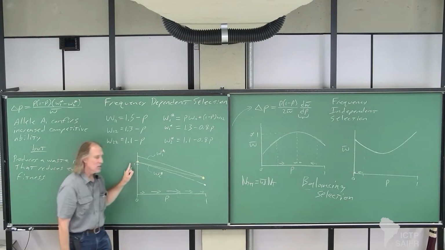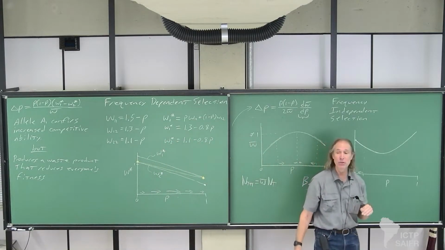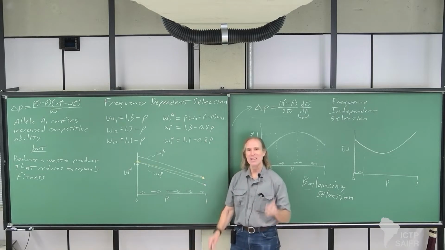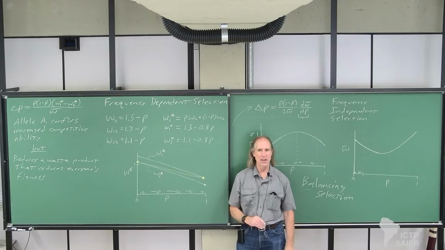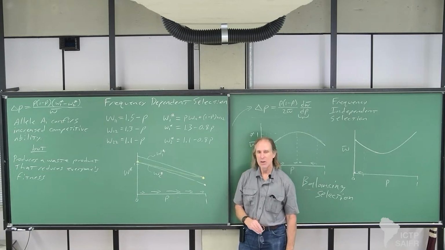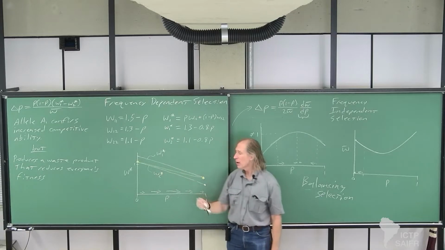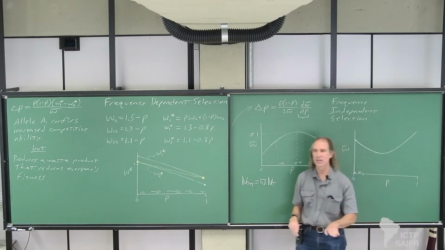So selection is not only reducing W bar, mean population fitness, it's actually causing the entire population to become less fit, in a sense. And there's no reason that this could not reduce W bar to the point that the population starts declining and goes extinct.